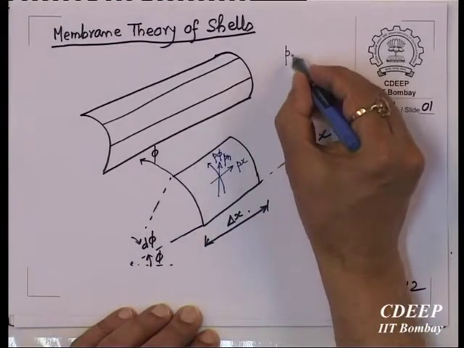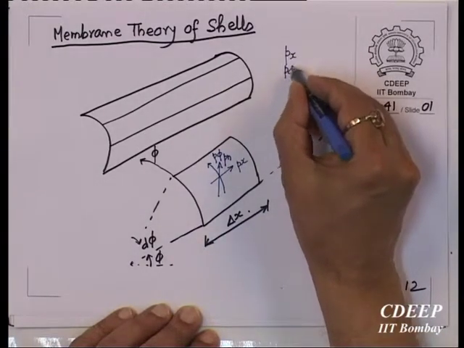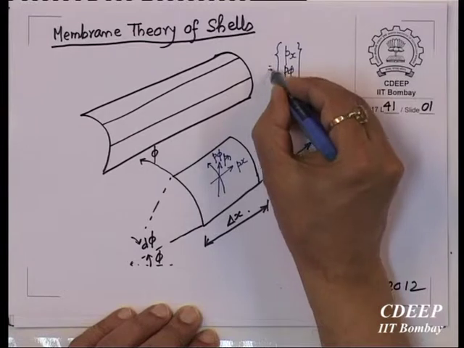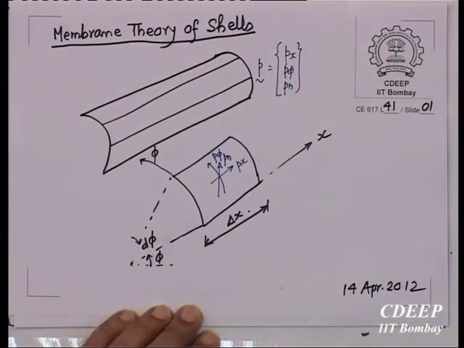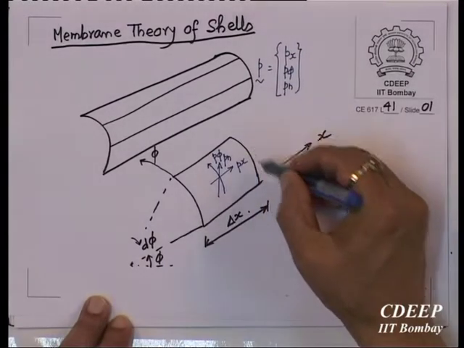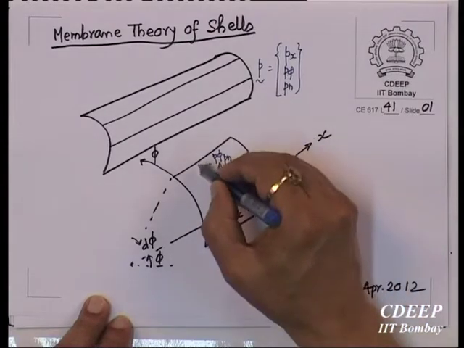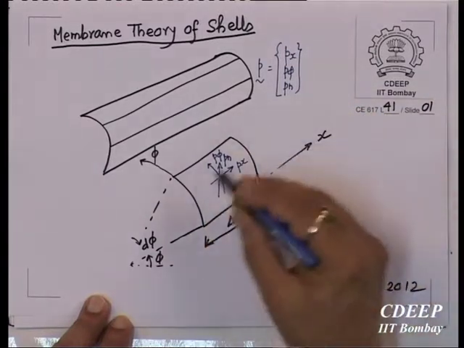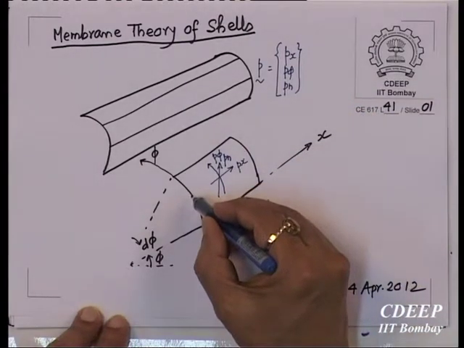So, the load is p x, p phi and p n per unit area. N is normal to the surface. If you take this element out from the total shell, this is a positive phi face, and this is the negative x face. I will show it on the negative x face.